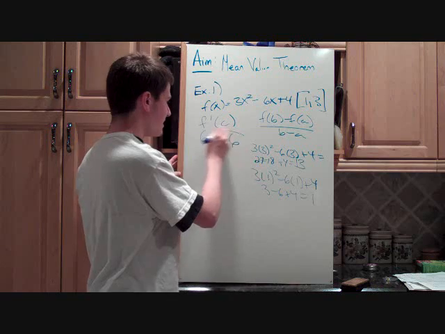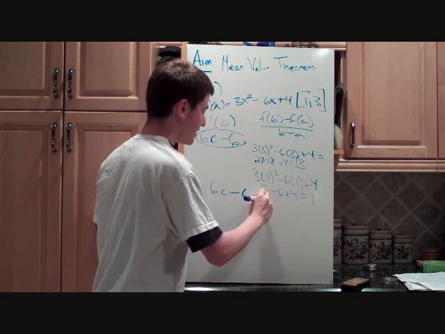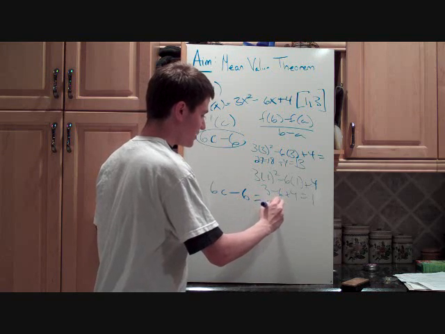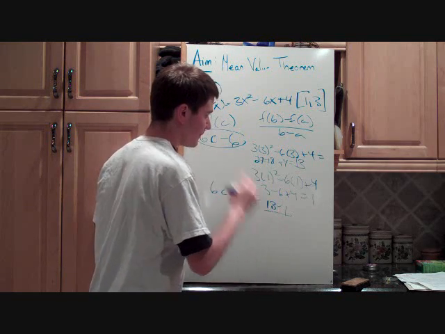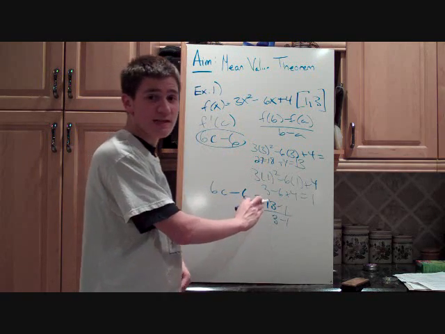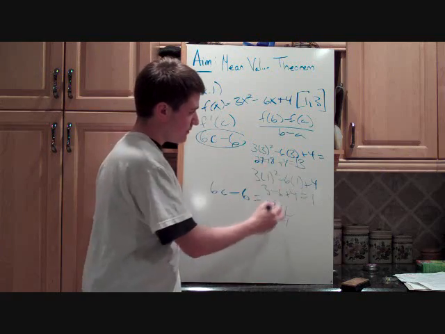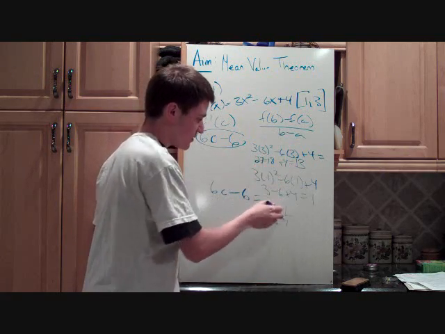So we're going to find 6c minus 6, and set that equal to the average rate of change, which is 13 minus 1 over 3 minus 1. Because f of 3 is 13, f of 1 is 1, and b is 3 and a is 1.